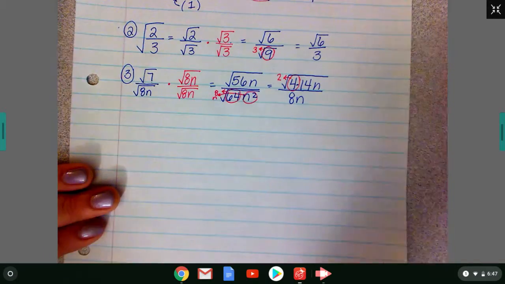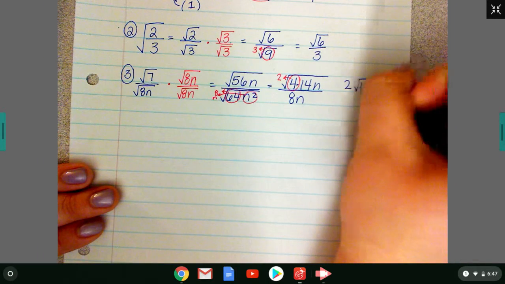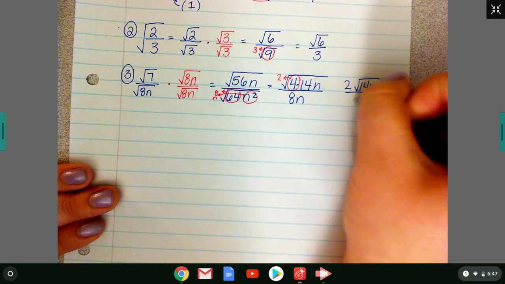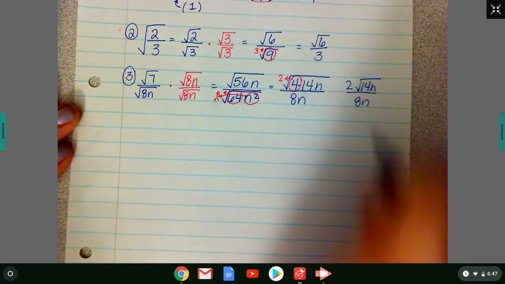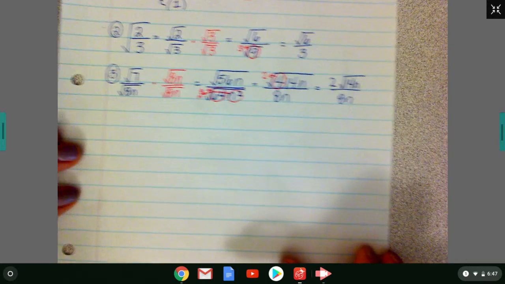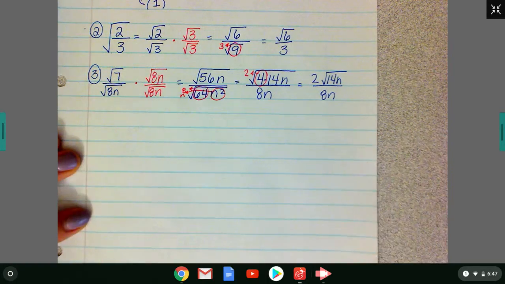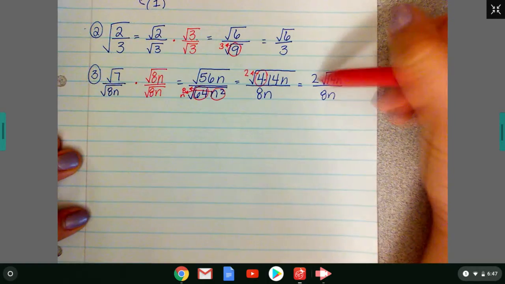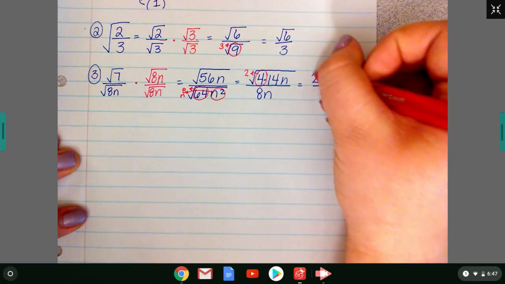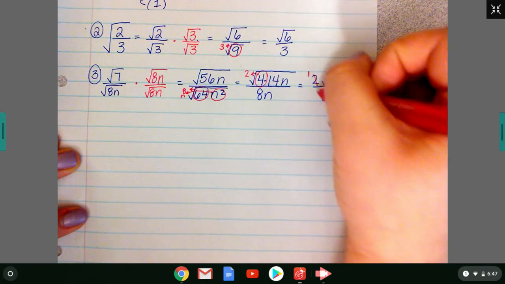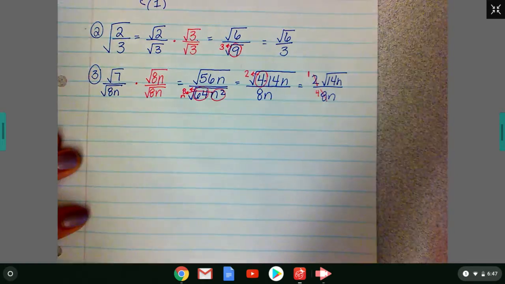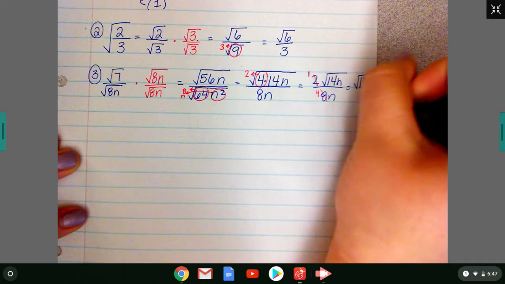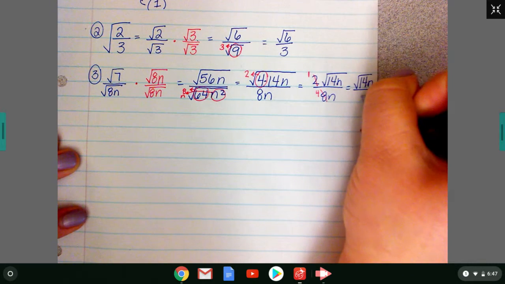So I've got 2 root 14n over 8n. We've done all the simplifying we can with the radicals. The last thing we can notice is that 2 goes into both 8 and 2. So we can make this a 1 and make this a 4. So we've got root 14n over 4n.